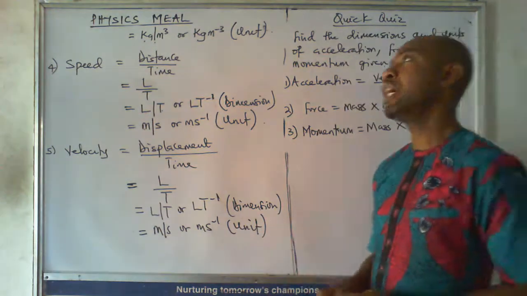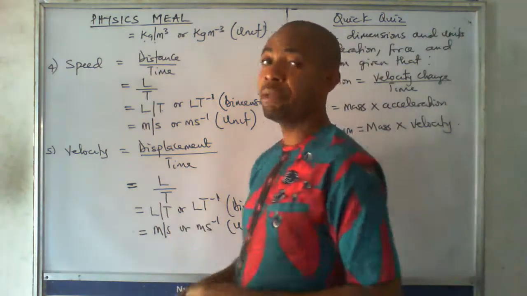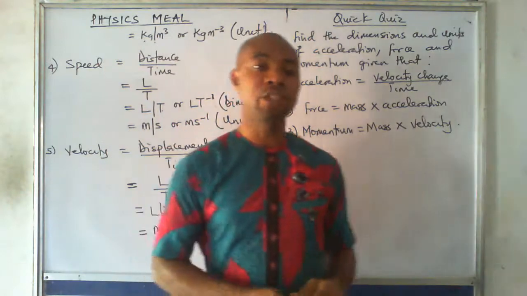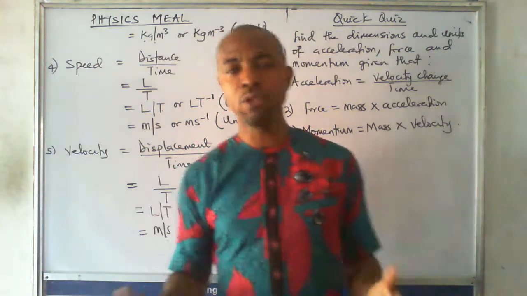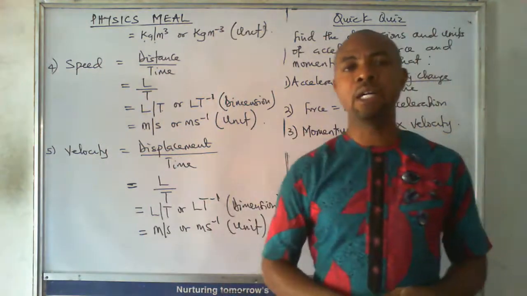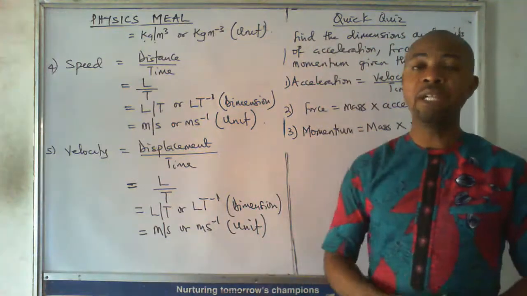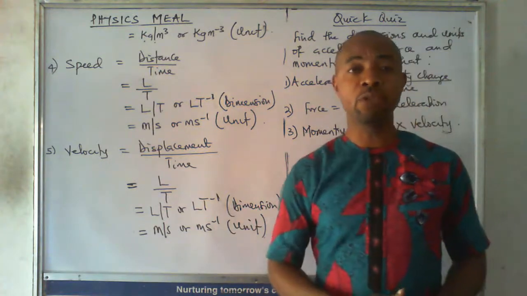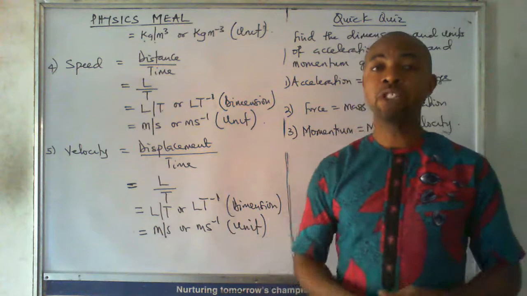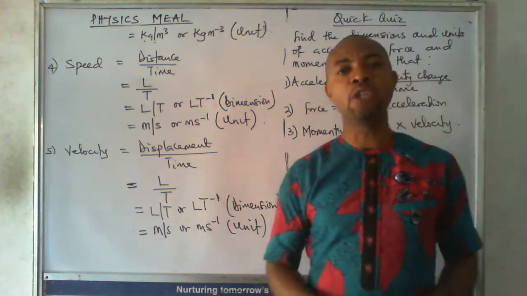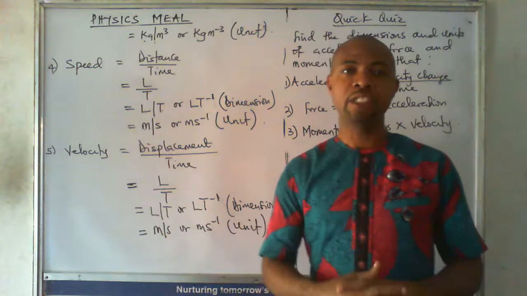Remember, we have looked at the basic terms in measurement, talking about quantity, dimension, and units. And we were able to look at the fundamental quantities and the derived quantities. We also looked at the dimensions and the units of fundamental quantities. We also considered how we can obtain the dimensions and the units of the derived quantities.